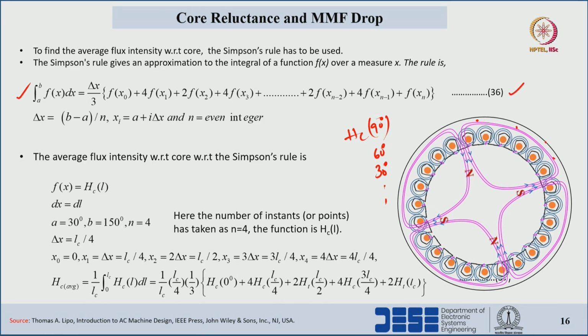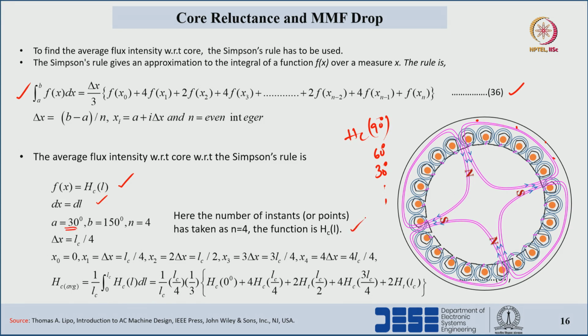That Simpson rule will give the average flux intensity of a core with respect to the different points of the flux densities. Here the function f of x is the flux intensity Hc of l, where the variable is the length of the core, and dx equals dl, and we are varying the limits from 30 degrees to 150 degrees.